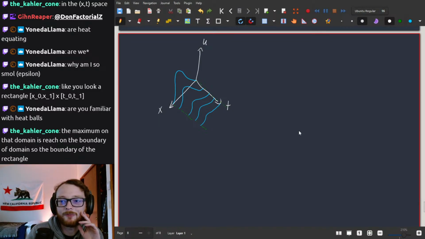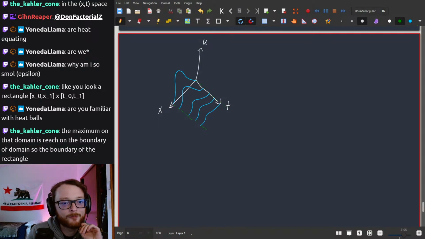But the thing that I don't get about this is the maximum is just right there. It's not on the boundary at all.